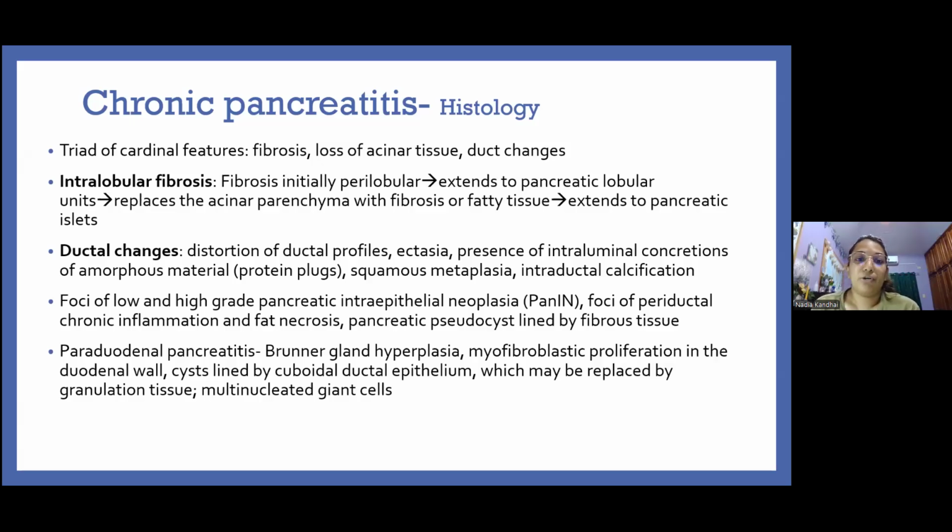There have been found foci of low and high-grade pancreatic intraepithelial neoplasia, as well as periductal chronic inflammation, fat necrosis, and pancreatic pseudocysts, which are liquefied areas of necrotic pancreatic tissue walled off by fibrous tissue, which is the granulation tissue and fibroblasts, and this forms the cystic space, which lacks the epithelial lining, and the cyst contents are rich in pancreatic enzymes.